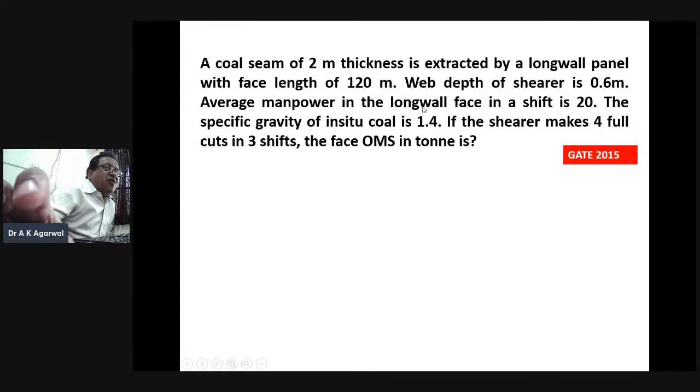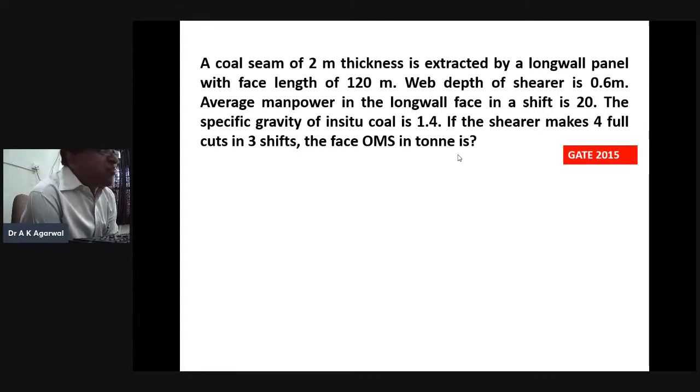Average manpower in the longwall face in a shift is 20. 20 persons are working at longwall face. The specific gravity of insitu coal is 1.4. If the shearer makes 4 full cuts in 3 shifts, the face OMS in tons is asked. OMS is output per man per shift. In one shift, one person is producing how much coal?